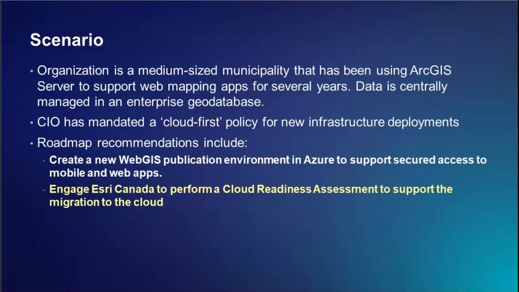They're managing their data in an enterprise geodatabase, and the CIO has mandated that any new infrastructure needs to be cloud first. So roadmap recommendations would include creating a new WebGIS publication environment in Azure and engaging Esri Canada to help perform a cloud readiness assessment. And with that, I will hand it over to Simon.